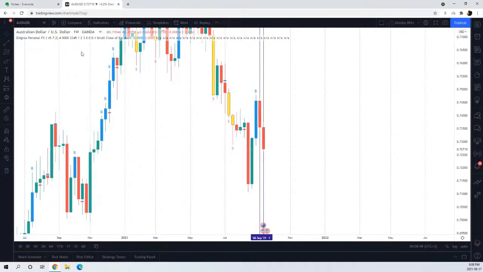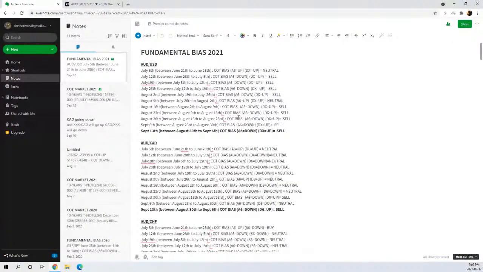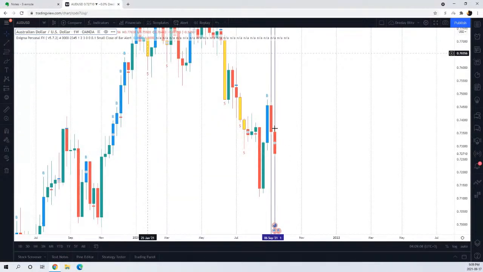As you all know, we go on TradingView, we look at the weekly chart, and we see if our bias made sense for the week. On AUD USD, we're looking to sell the market, and if you look at the weekly candle, it went down, so it sold off all week.